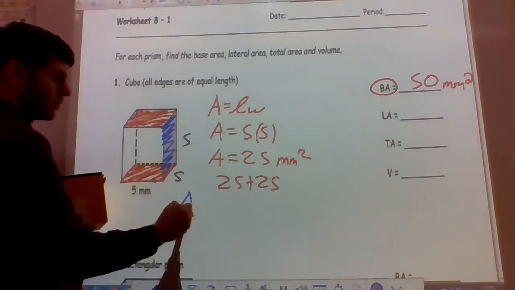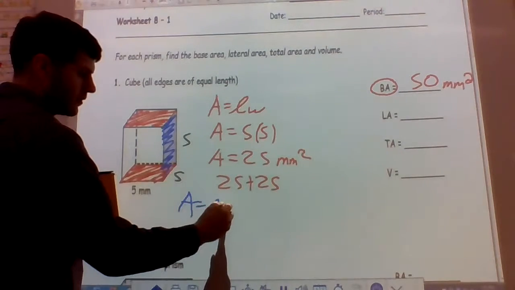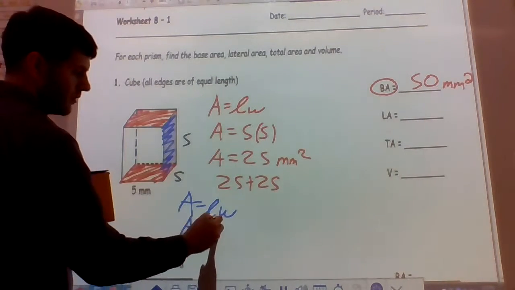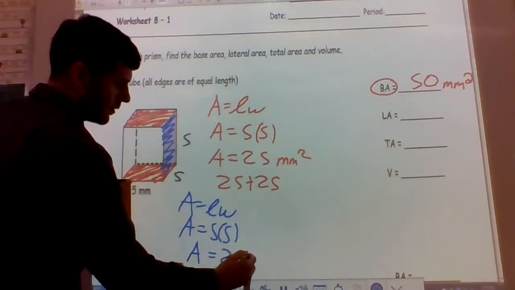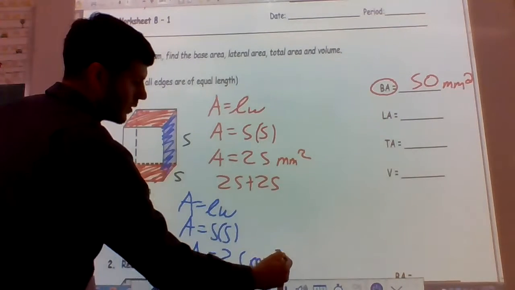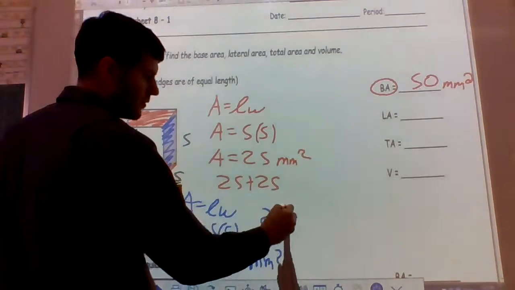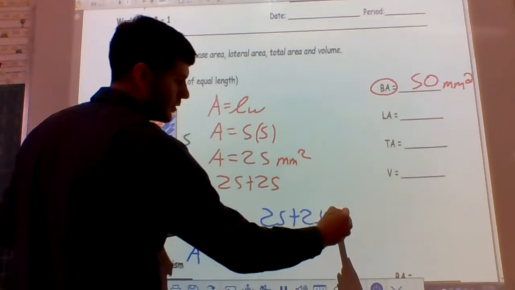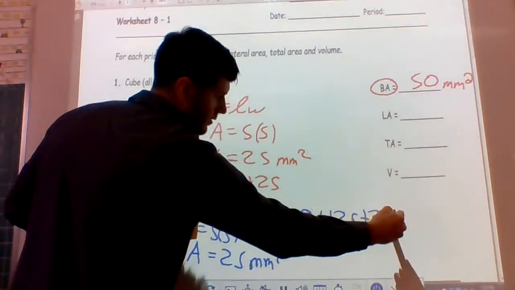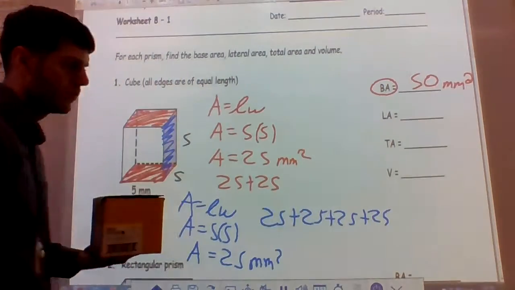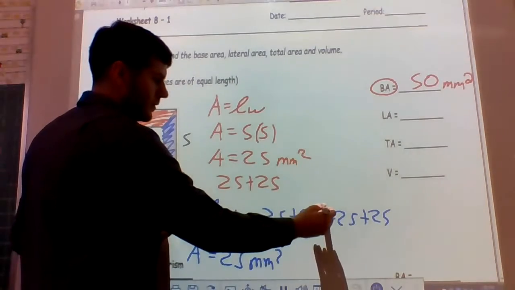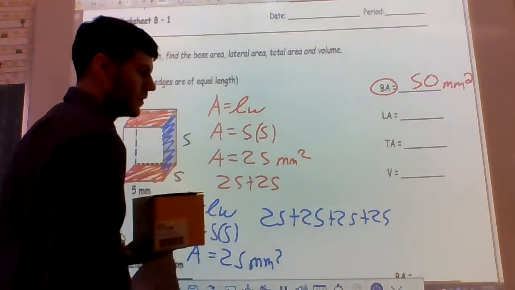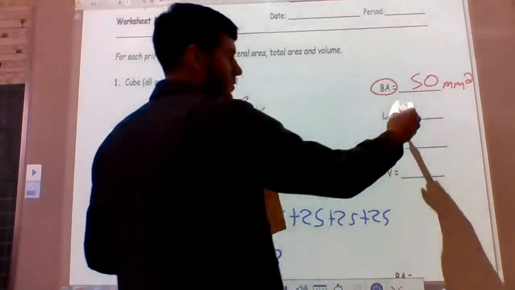Those are all squares, they're all rectangles, they're all 5 by 5. So they're all going to be 25 millimeters squared. So we're going to have 25 plus 25 plus 25 plus 25 because there are 4 lateral faces, and that's going to be 100 millimeters squared.